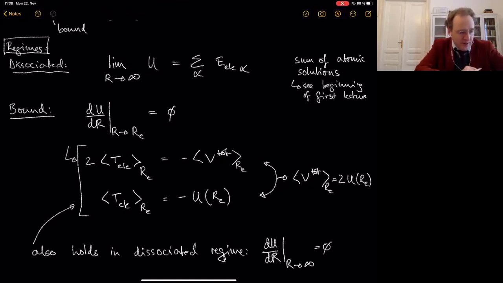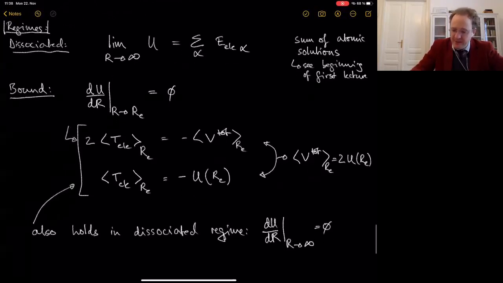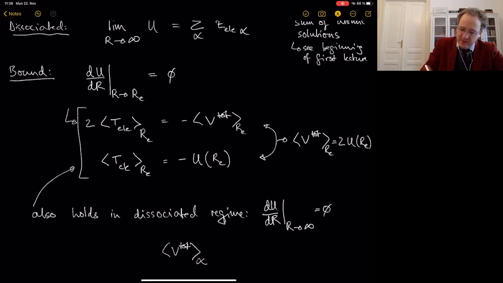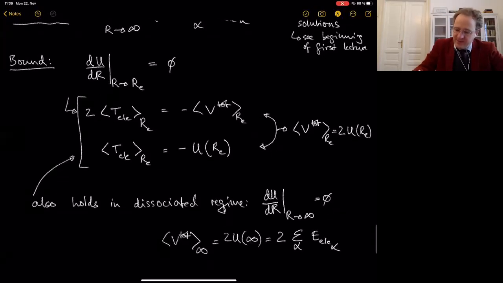And then you get the same kind of relationships, only that for the last one, V dot at infinity, you have 2 times U at infinity, and this must be equal to 2 times the atomic solution as discussed above.